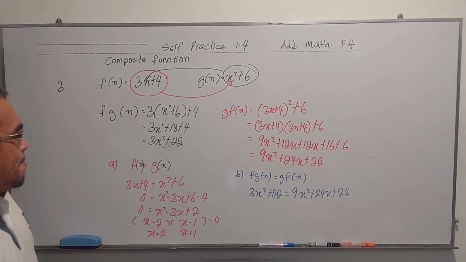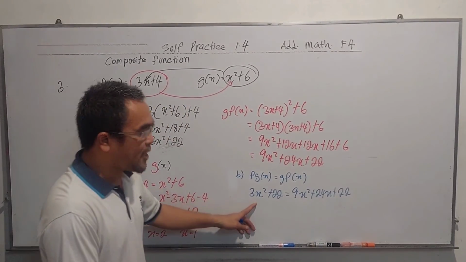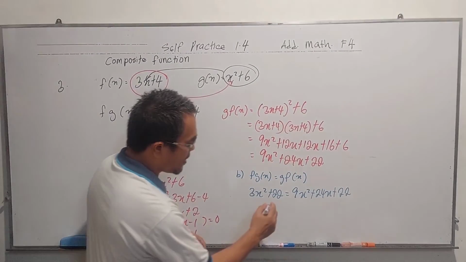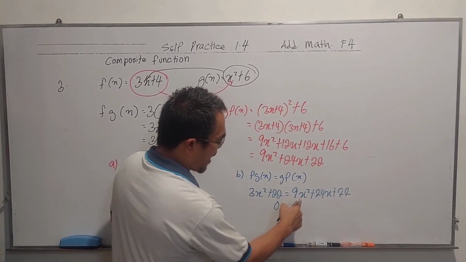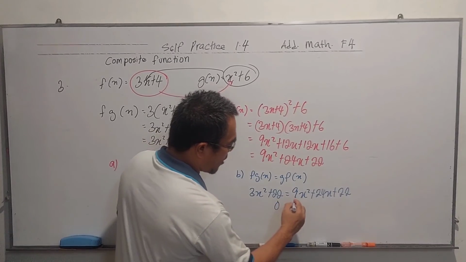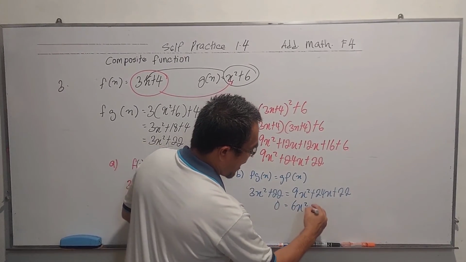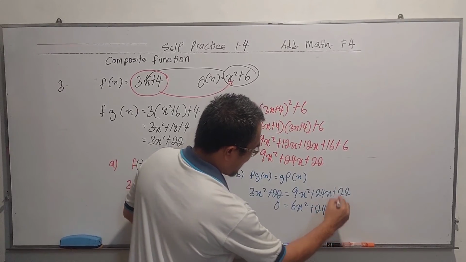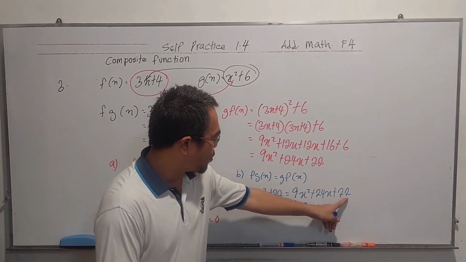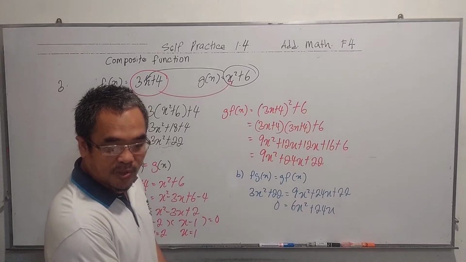So I'll bring everything from the left side to the right side. So I have here 9x squared minus 3x squared will be 6x squared, and then you still have that 24x, and then 22 minus 22 becomes 0.